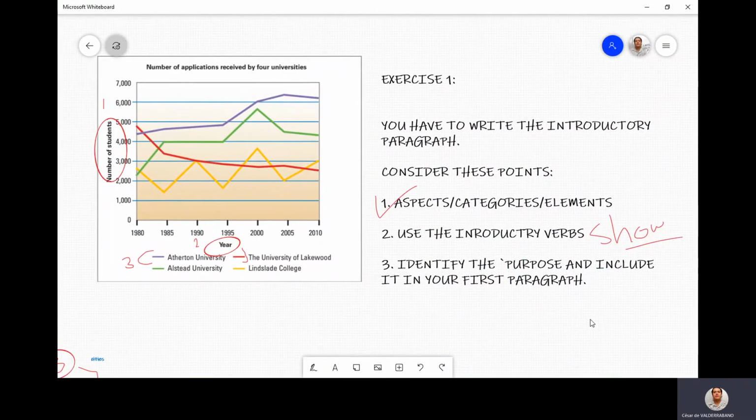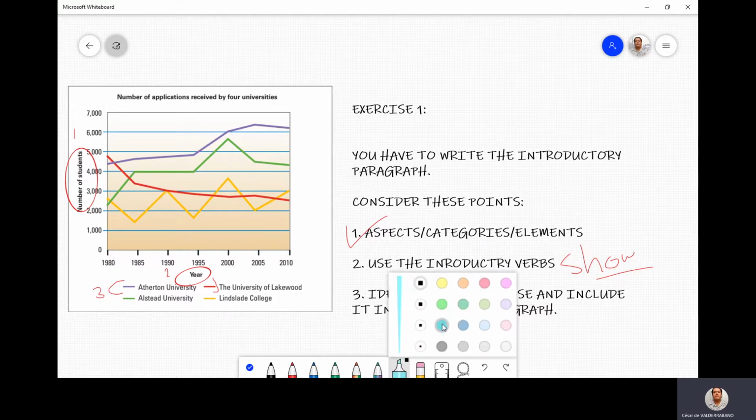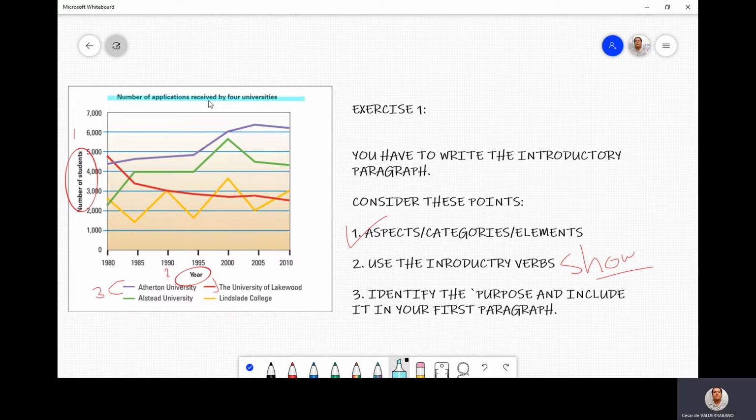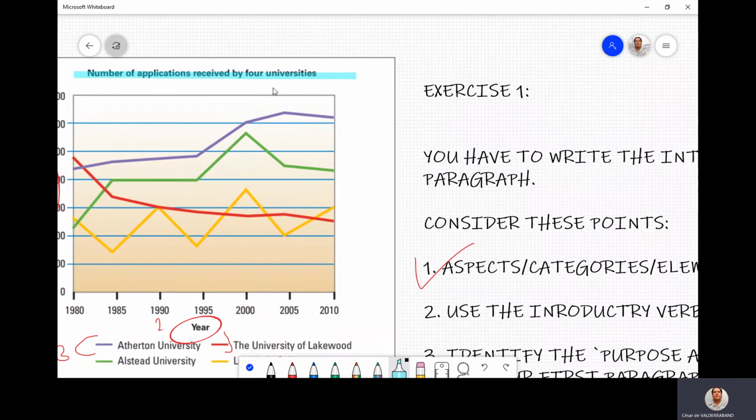Now the next part, number three, says identify the purpose and include it in your first paragraph. Here is the purpose, and I'm going to mark it with a highlighter: number of applications received by 4 universities.